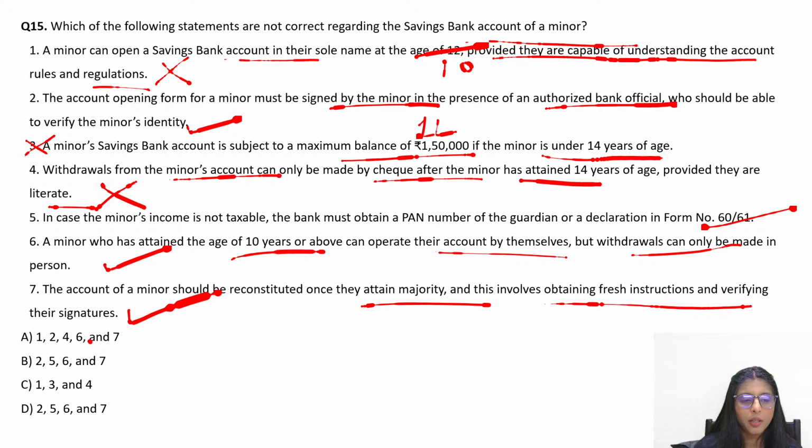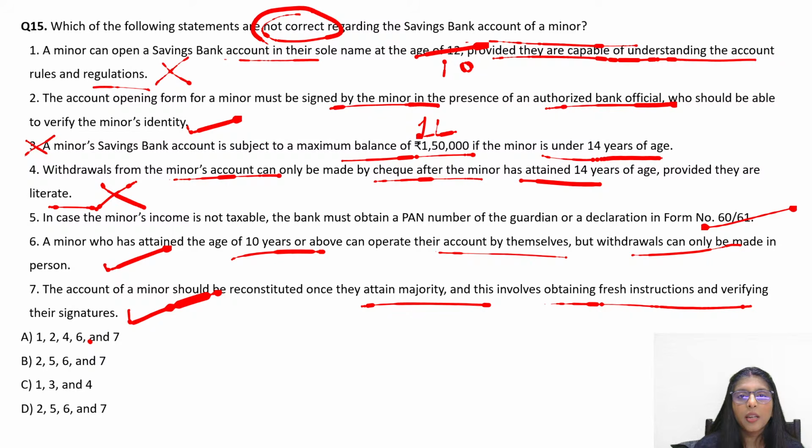Oh, wait. We have to tell the not correct. See, I've told you. You have to read the question properly, whether they are asking for the correct statement or the not correct statement. This silly mistake can destroy a whole paper. So read the questions calmly.